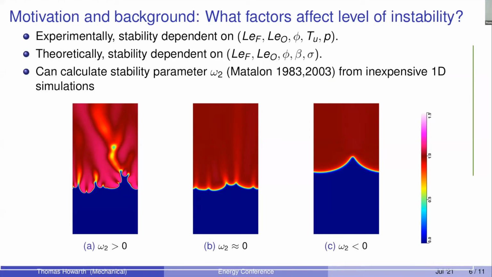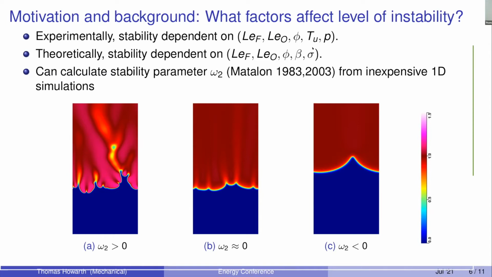Theory tells us that this instability is dependent on the Lewis numbers, the fuel to air ratio, the Zeldovich number beta, which is essentially a measure of the activation energy and is a function of temperature, pressure and equivalence ratio, and sigma, which is the density ratio. I said on this side we have a rather high density, and on the other side a low density. So this density ratio dictates how unstable the flame is.